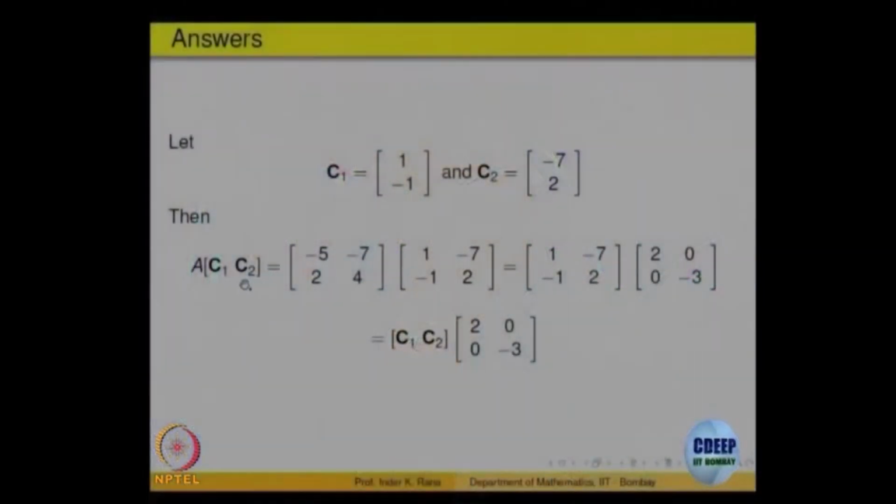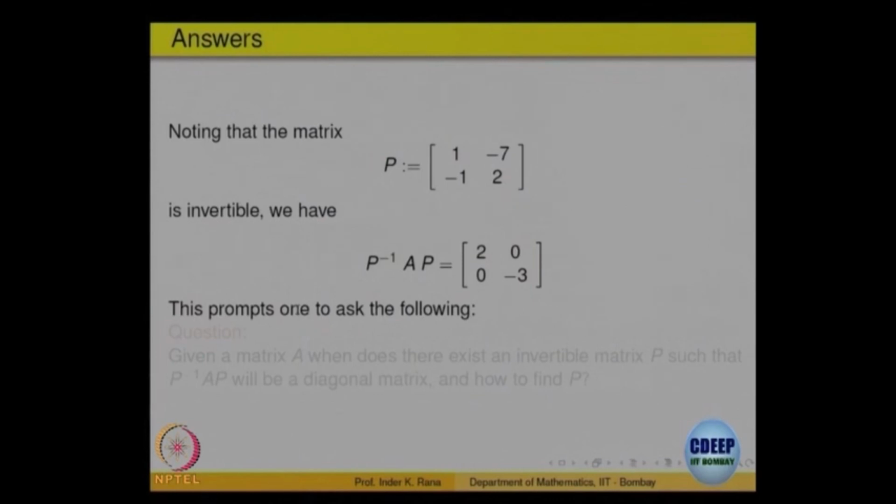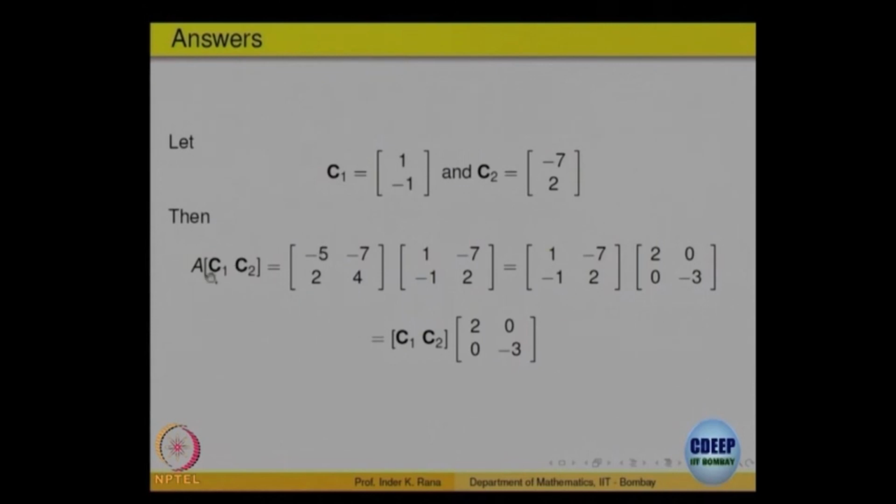Now look at this matrix C1 C2, with this first column and this as the second column. Let us call that matrix P, with 1 minus 1 as the first column. Is it invertible? Determinant not equal to 0, so this is invertible. So that equation is A P equal to P times this diagonal matrix.